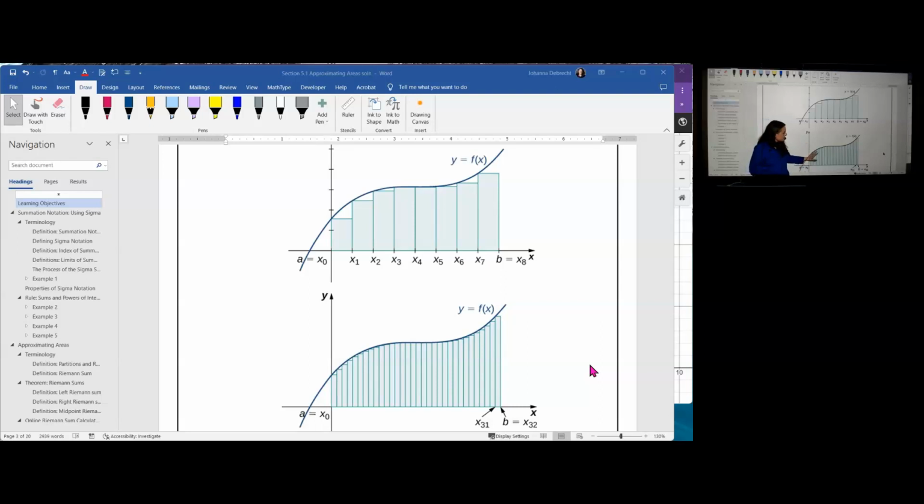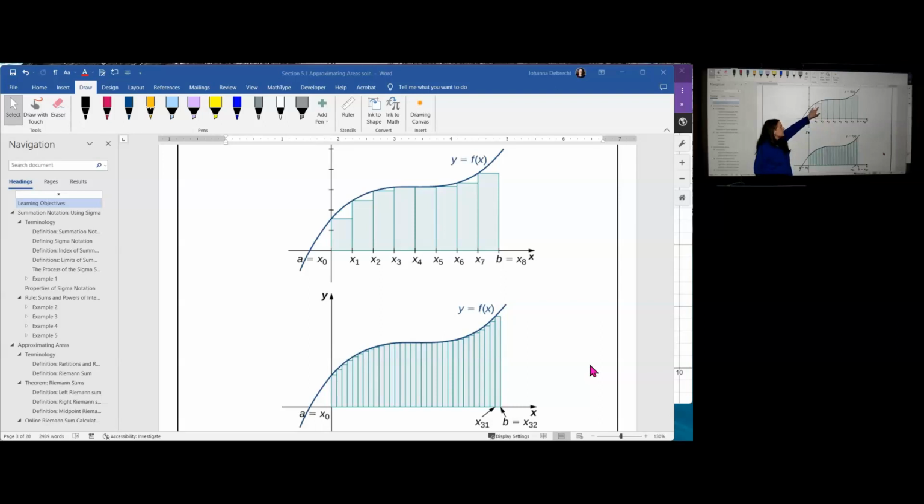However, in the second picture, there are far more rectangles. There are 32 compared to 8 in the first one. Notice that the rectangles fit the shape of the curve much better when there are more rectangles. That means that this approximation will be a better approximation than the one with only 8 rectangles.